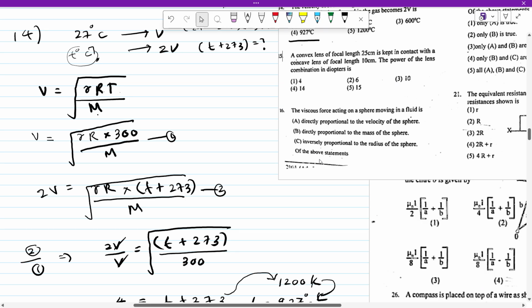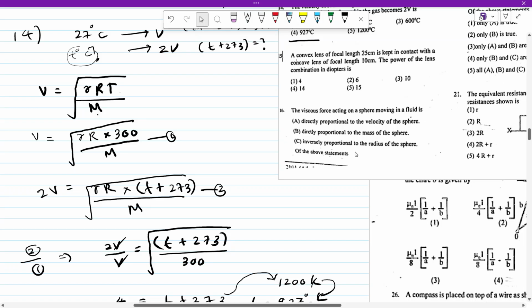Question number 15. A convex lens of focal length 25 centimeters is kept in contact with a concave lens of focal length 10 centimeters. The power of the lens combination in diopters. This particular question is related to optics, under the topic lenses.